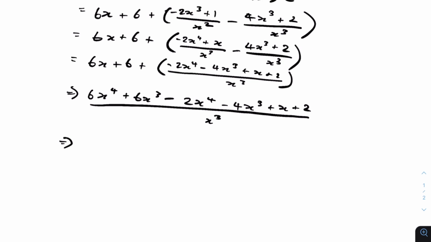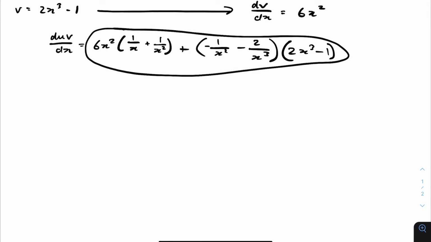Which gives us, so 6x to the power 4 minus 2x to the power 4 is 4x to the power 4. 6x cubed minus 4x cubed is 2x cubed. I'm just collecting like terms now. And then plus x plus 2, divided by x cubed, which is our final answer.